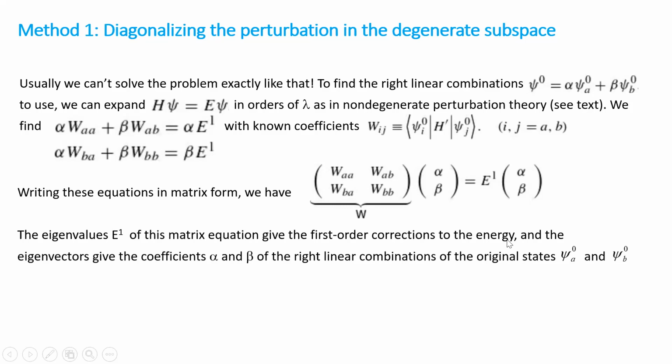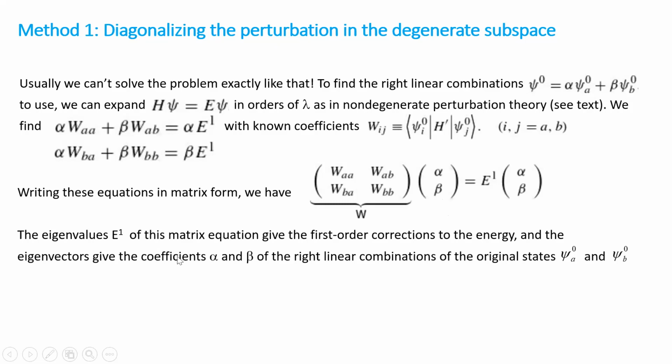in the degenerate perturbation. And this is called the degenerate subspace because alpha and beta, when we look at psi A0 and psi B0, the different linear combinations of them form a subspace of the full set of wave functions, which are the eigenstates here. So this is the degenerate subspace, all linear combinations of these two. That's why we say we're diagonalizing the perturbation in the degenerate subspace.